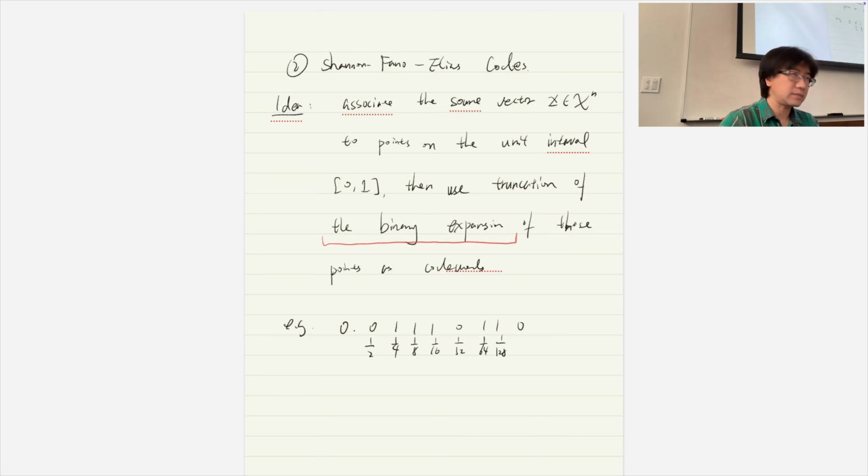So for example, if we want to consider 1/3, can you tell me what the binary expansion of this number is? If it were decimal, it would be 0.3333 all the time. But in binary, for the first digit, it cannot be 1, because 1/3 is less than half.